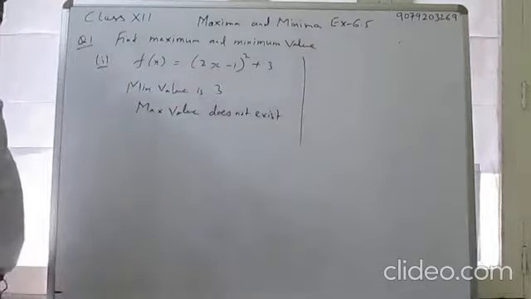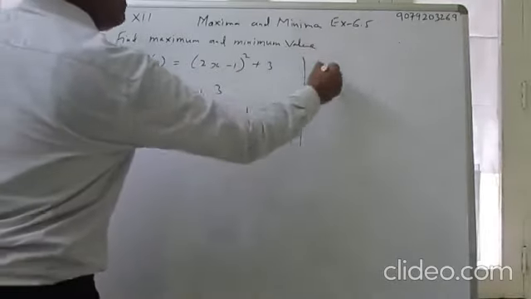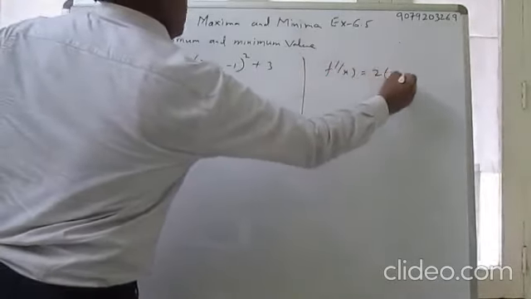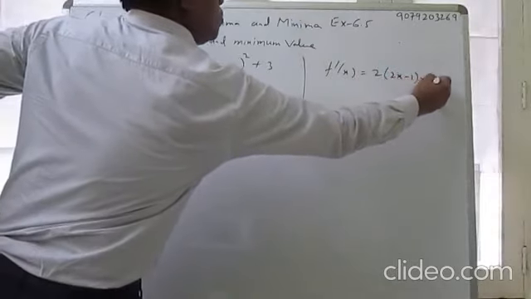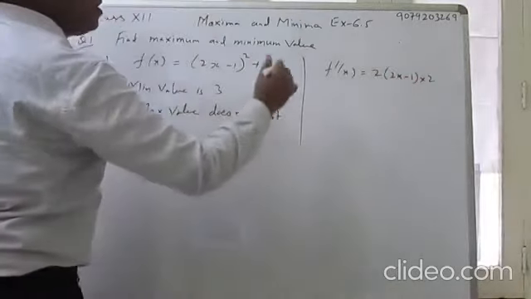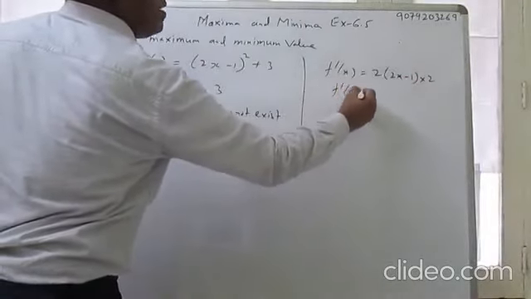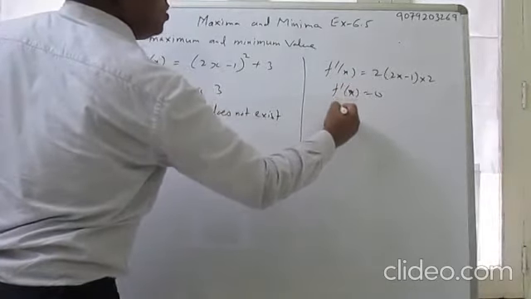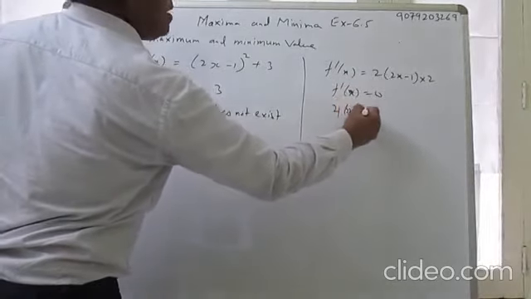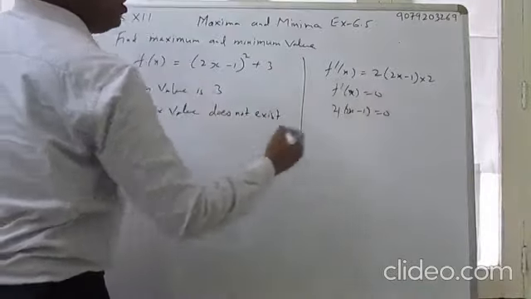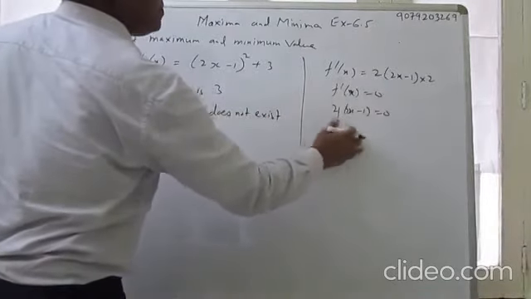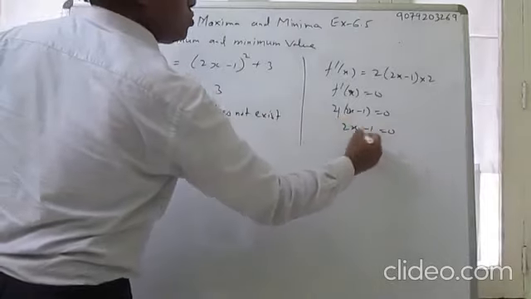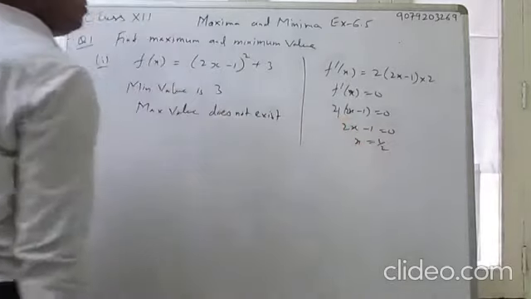By the method of working rule, we find f dash x. What is f dash x? 2 times (2x minus 1) into 2. Now find f dash x is equal to 0. So 2 into 2 is 4, 2x minus 1 is equal to 0, so x is equal to 1 by 2.